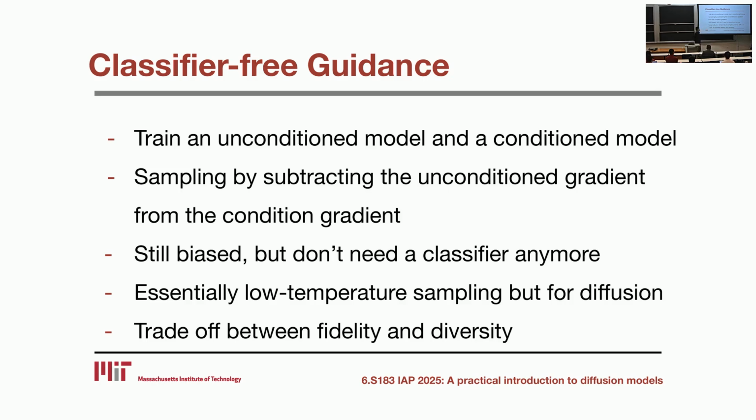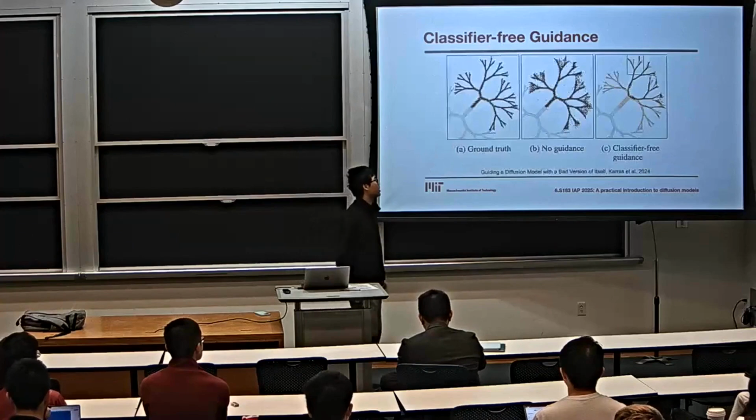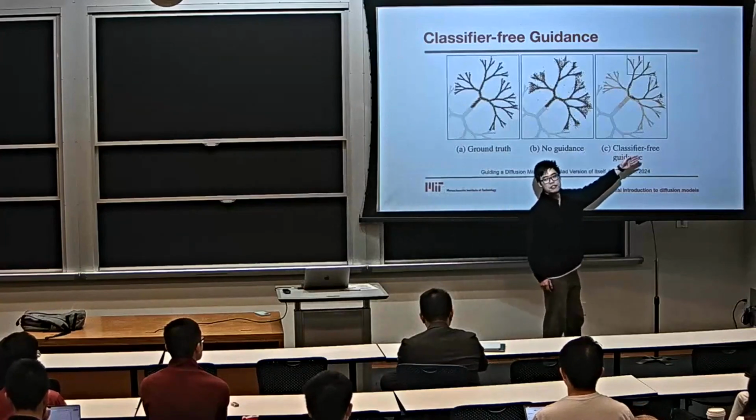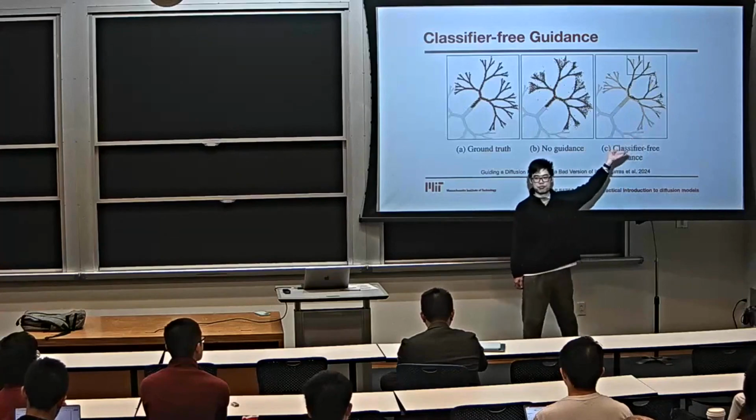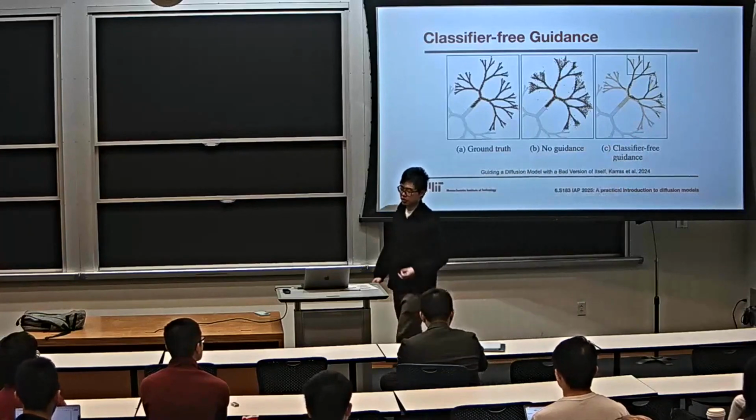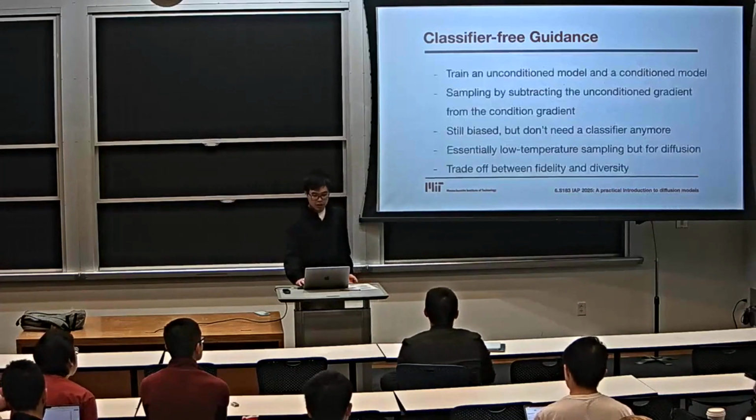Second, it is essentially doing low temperature sampling, but for diffusion, which can improve your sampling quality despite the bias. And finally, it can trade off between fidelity and diversity. You can see here that I'm actually reducing the diversity of my samples because I'm less likely to sample from local likelihood regions. But the fidelity, the score, the quality is much better.